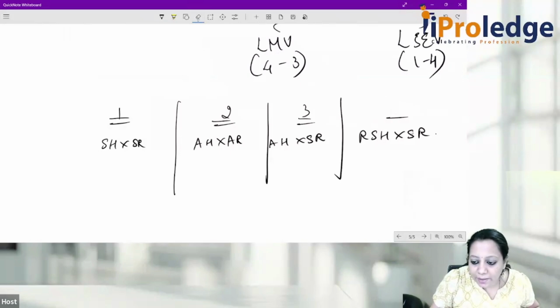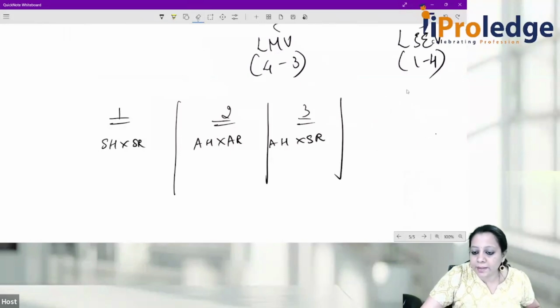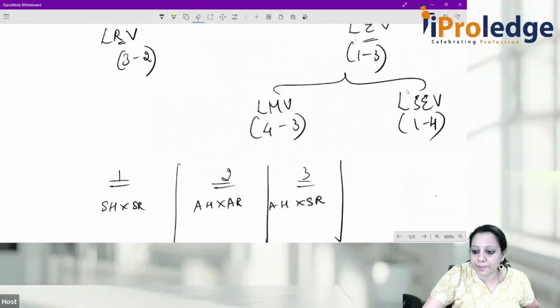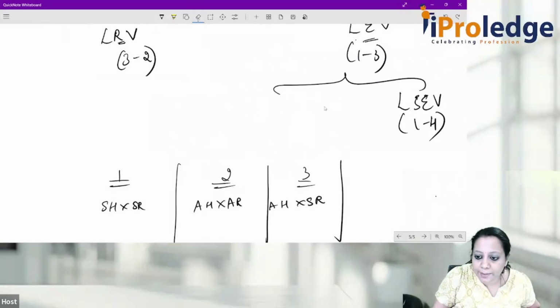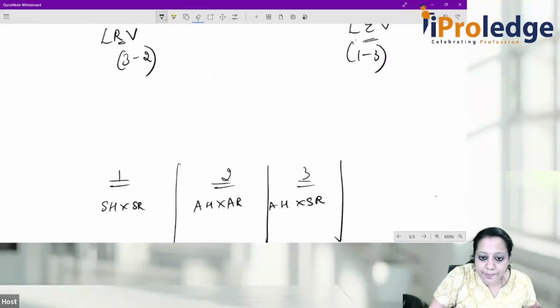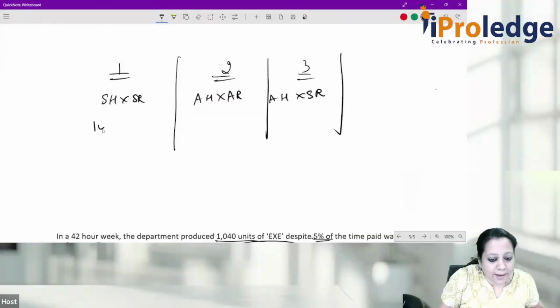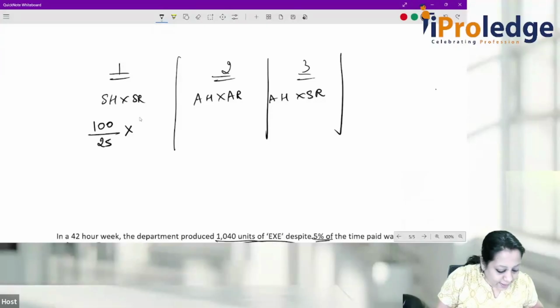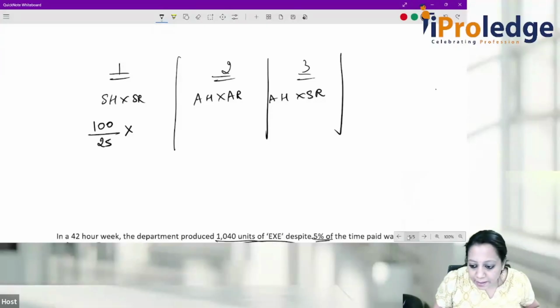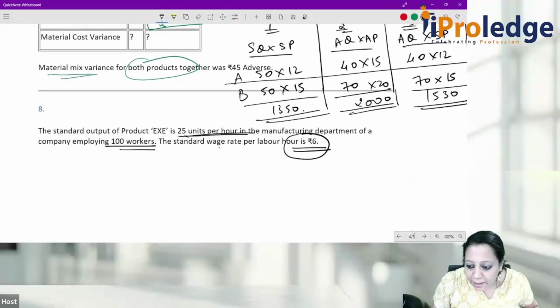I will remove this part. Can I say 100 divided by 25, into, what is the standard rate, students? 6.